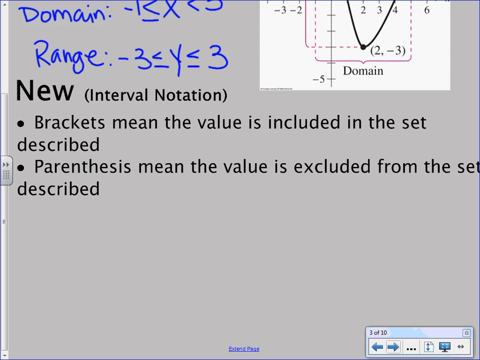So a bracket means that that value is included. So if you were going to put a line under your inequality sign, then you would use a bracket. Okay? If your value is not included in the domain and range, meaning you would put just the alligator symbol with no line under it, then you would use a parentheses.